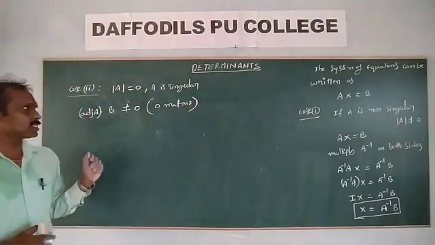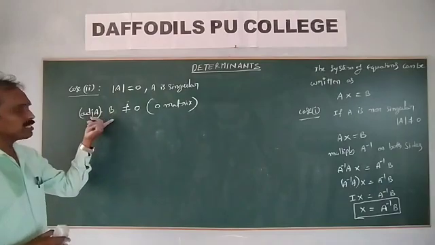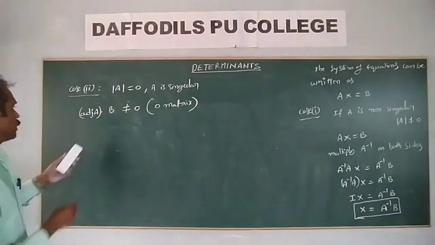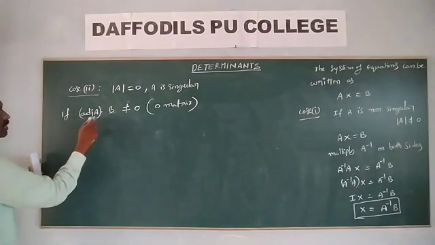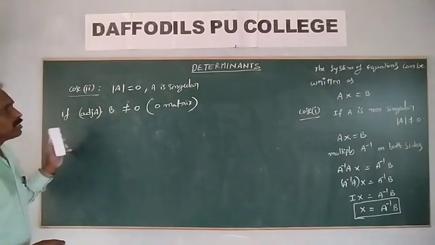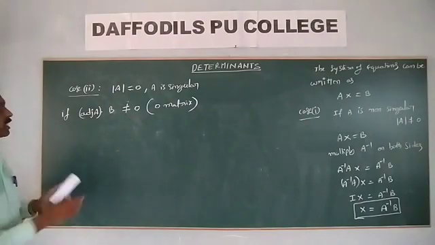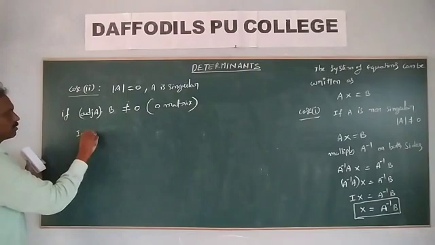The 0 matrix has the same order on the left side as on the right side. Suppose adjoint A into B is not equal to 0, then the system of equations has no solution, then it is inconsistent.